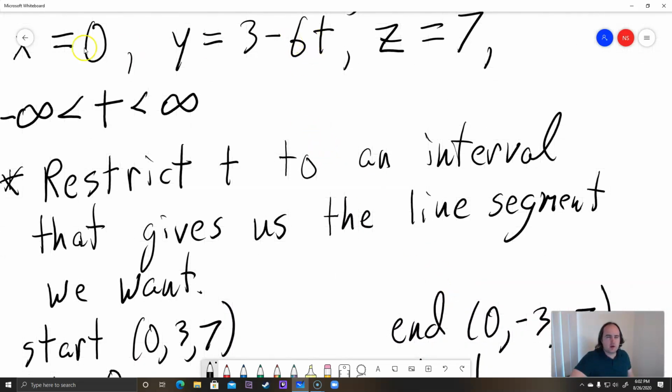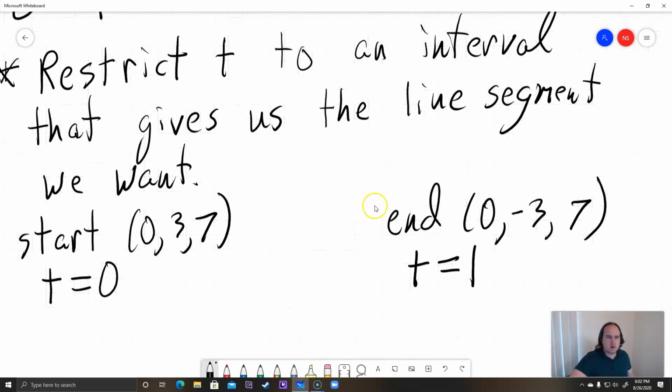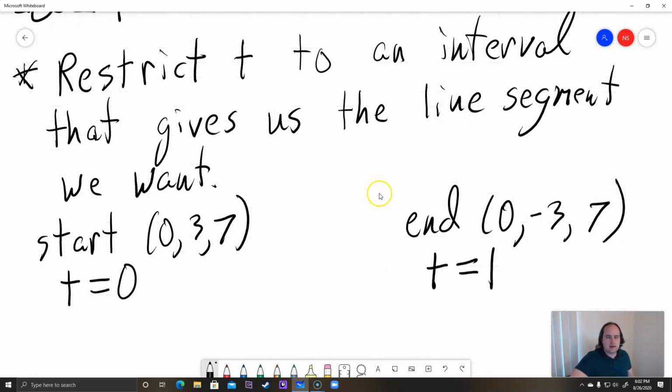So if we plug in 1 here, we get 0, negative 3, 7. So it did work. Okay, and the nice thing about all this is, as far as I know, you're always going to be starting at t equals 0 and ending at t equals 1 if you parameterize your line the standard way like we did. So that's the whole line segment bit.